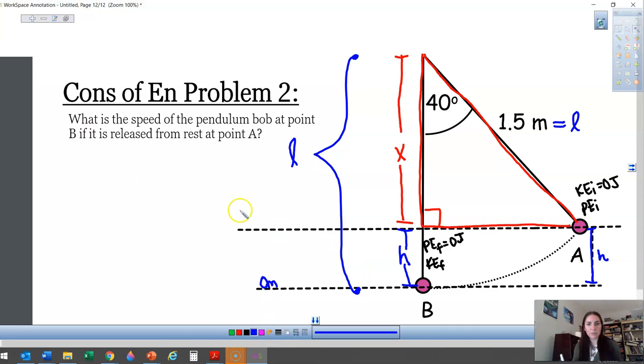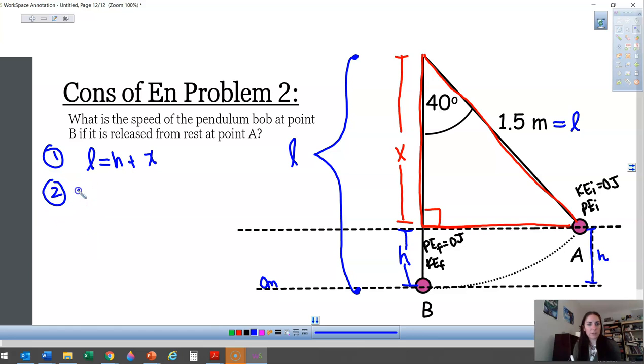So let me show you my little expression. The length is going to equal height plus x. Let's solve for x. X is next to my angle. This makes it a cosine.